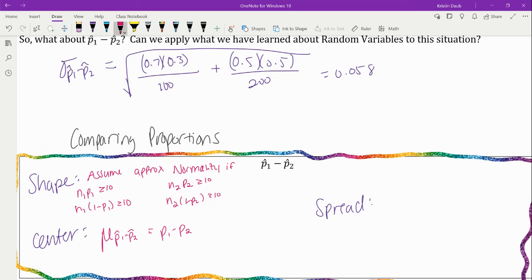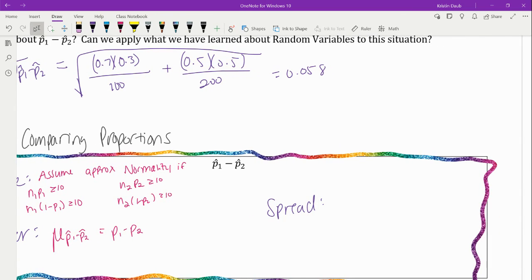For the spread, I need to check the 10% rule, or I need to have independence. So we need to first check independence or the 10% rule. And if we check the 10% rule, we need to check it for both of our populations.